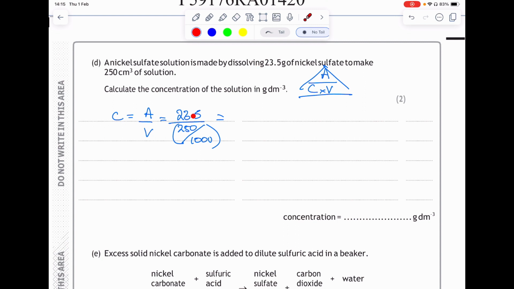So the amount is 23.5. The volume is 250, but we divide that by 1,000, and that gives us a final answer of 94 grams, and that is per decimeter cubed as a final response.